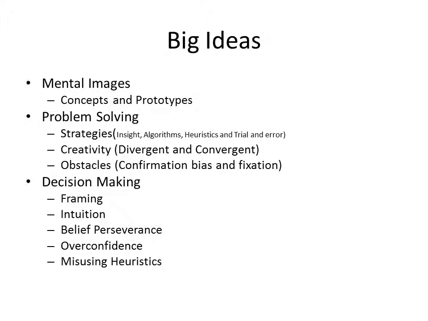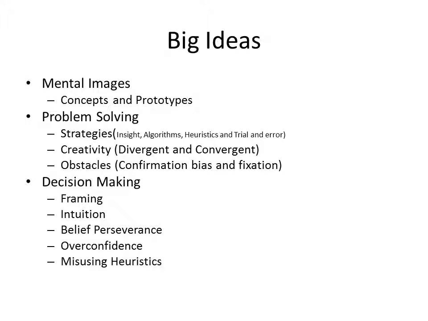So thinking about the big idea in this unit, the overarching theme was cognition. If you had to break it down into three big areas, it was mental images, problem solving, and decision making. So maybe we want to create a hierarchy where the big idea is cognition, and then you have three big ideas coming down: mental images, problem solving, and decision making. Underneath mental images, we talked about what concepts and prototypes were.